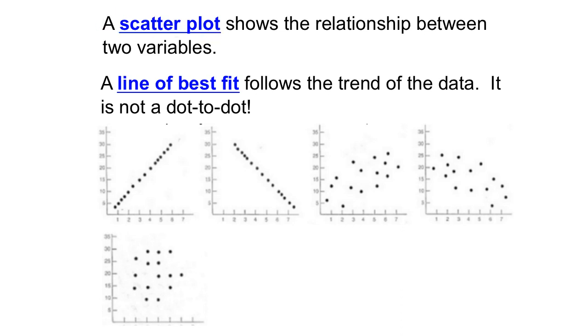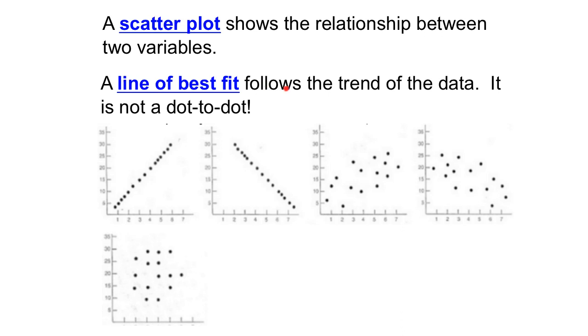Now, when you look at each of these scatter plots, I've got 5 of them down here, you can see that for some of them there's a clear relationship. For some of them, the relationship is a little less clear because the points are not all in line. But that's where the idea of a line of best fit comes in.